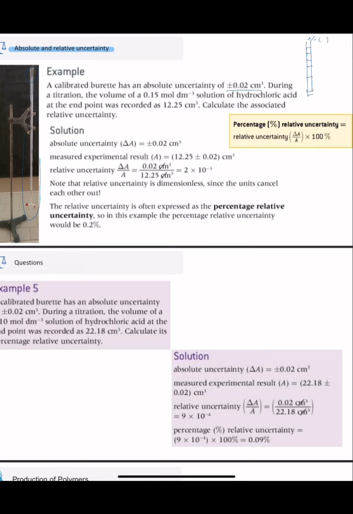Okay, so if they give you plus minus 0.02 cm³ with units like this, you know that you're talking about absolute uncertainty. For example, it says, during the titration, the volume of this concentration solution of hydrochloric acid at the end point was recorded as 12.25.